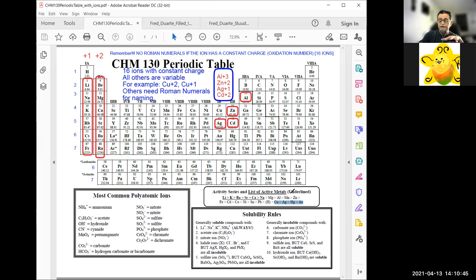Remember I stated that these activity series are relative to H, hydrogen. And the ionic form of hydrogen is H plus, the proton, or it could be water. But here we're given HCl, so hydrogen is in the form of H plus. So the activity series says that cobalt is a lot more reactive than hydrogen.